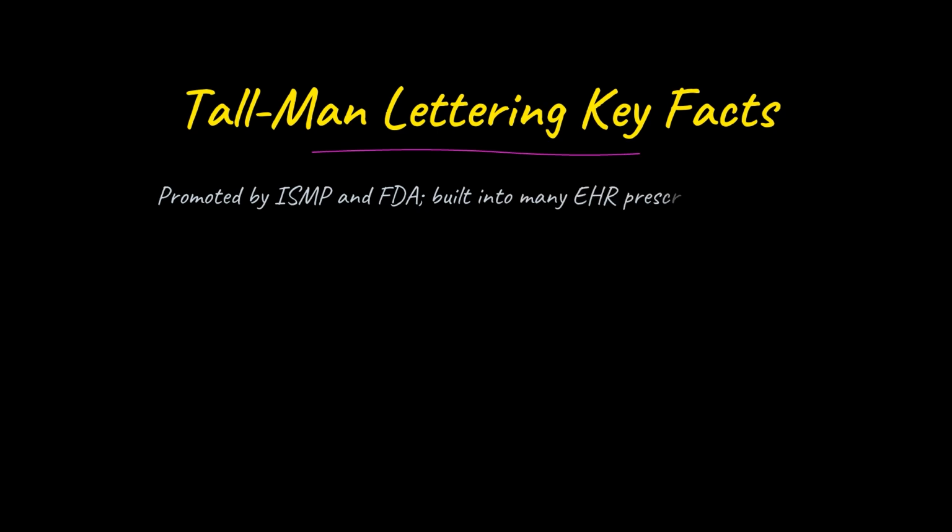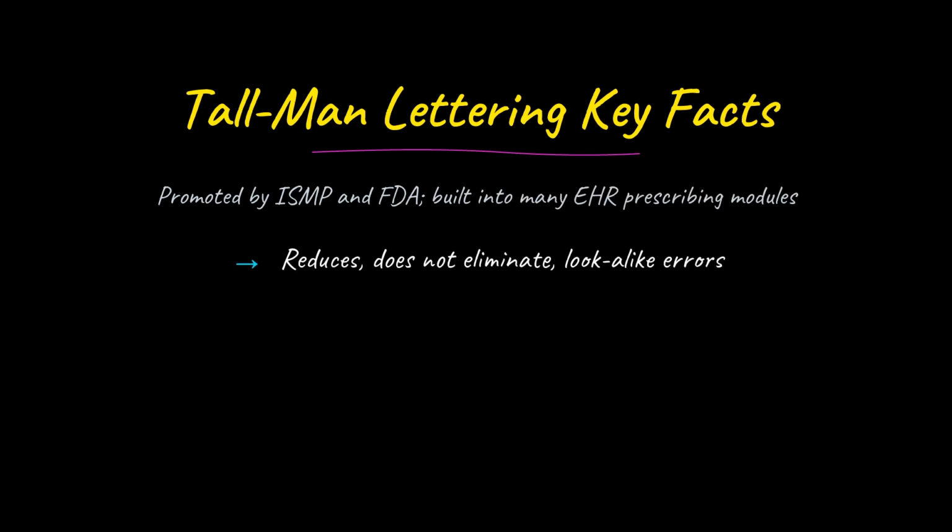These errors are stubborn because multiple factors converge. Prescribers face long lists of similar sounding names, often under significant time pressure. Tall man lettering attacks the problem at the exact moment of visual recognition during selection. The strategy was developed by patient safety organizations including ISMP and the FDA, and is now embedded in many EHR systems.